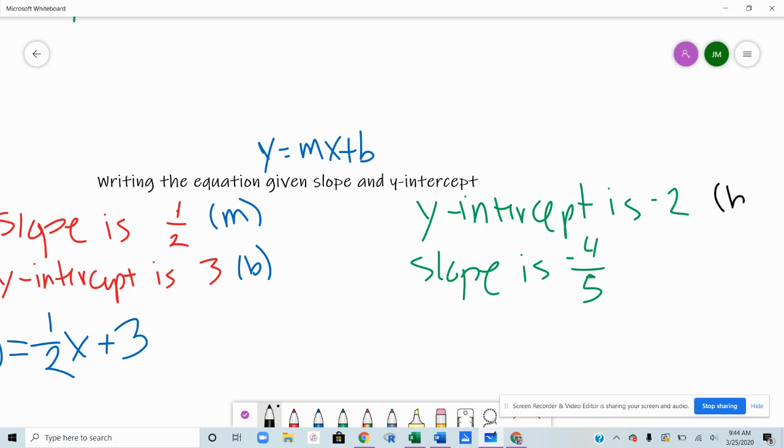Y-intercept is always b, slope is always m. So when you plug them in, you don't want to just plug in the first number in the first place and the second number in the second place. You want to make sure you plug in the correct places. Your slope is m, which is -4/5, times x, and your y-intercept, your b, is -2. So y equals -4/5x - 2 is your equation.